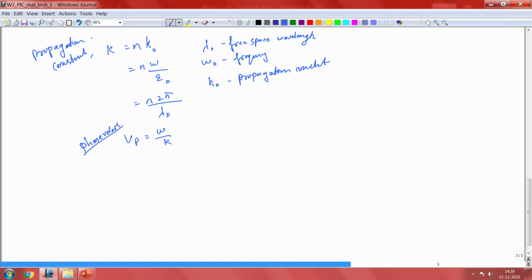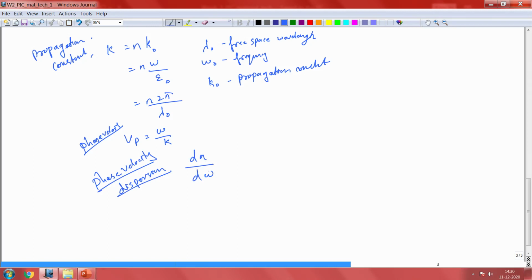But then the phase velocity would change as a function of frequency. That is what we call phase velocity dispersion, and that is a function of frequency.